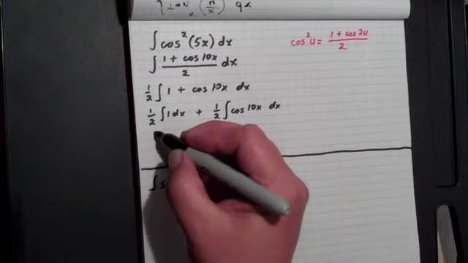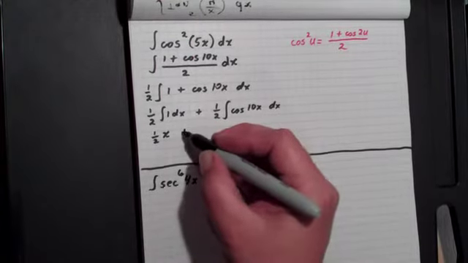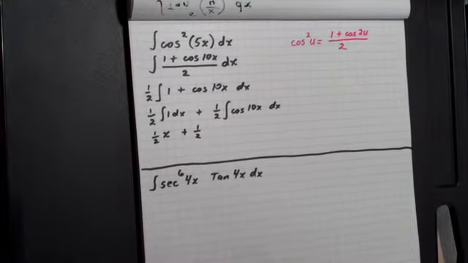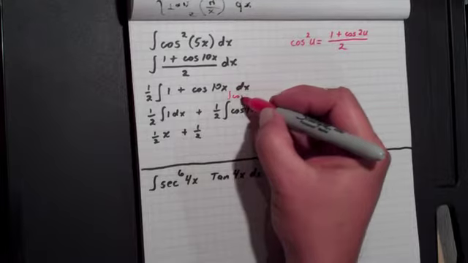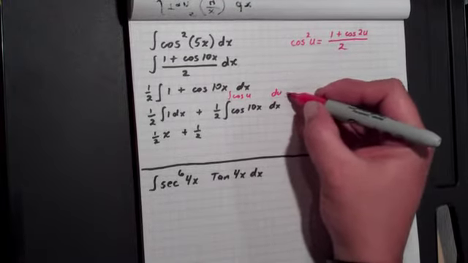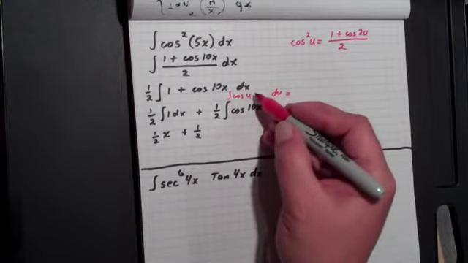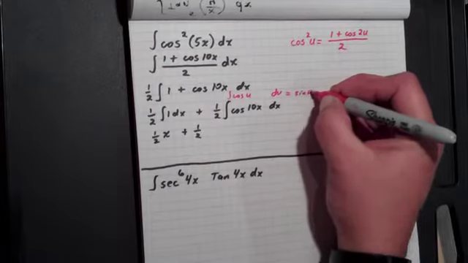If I integrate 1 dx, I just get x with the 1/2 in front of it. I have the 1/2. I'm going to try and turn this into the integral of cosine of u du. I know that is the integral of cosine, or what do you take the derivative of to get cosine, would be sine.